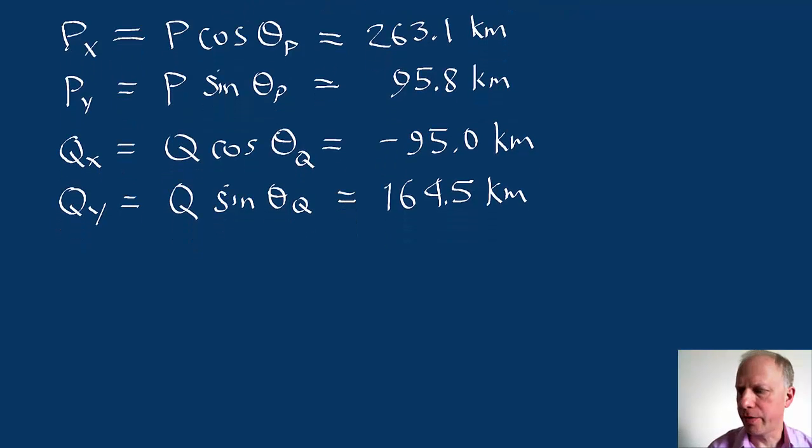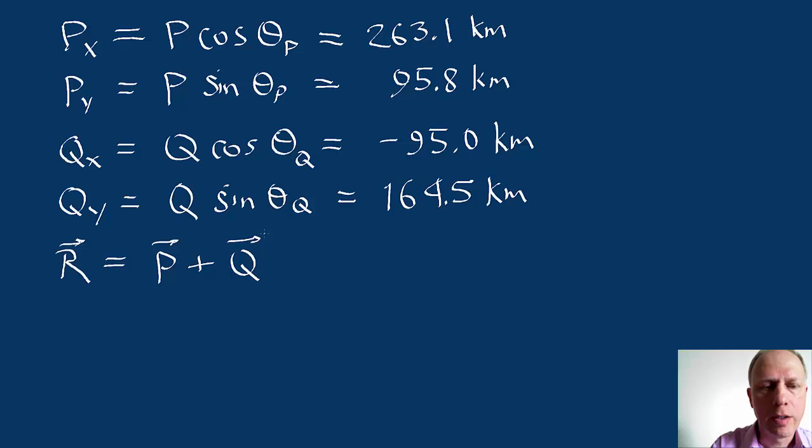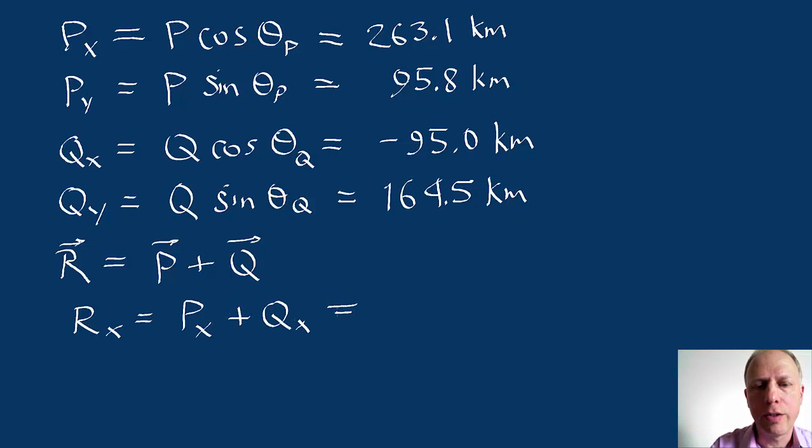Now let's add the two vectors together. R is equal to P plus Q. So the x component of R is equal to the x component of P plus the x component of Q. Using the values we just found for the x components, I get 168.1 kilometers.